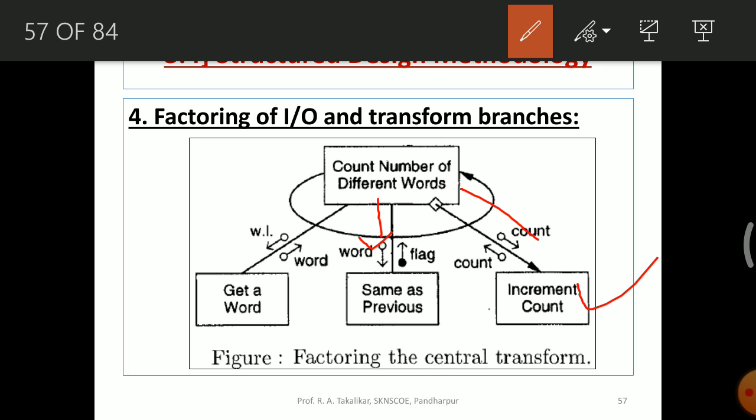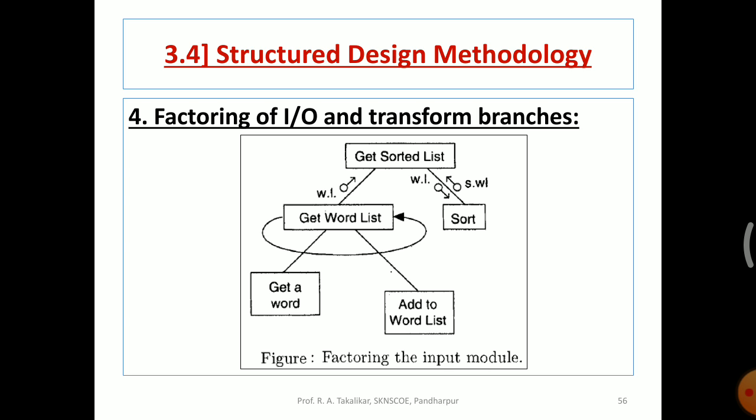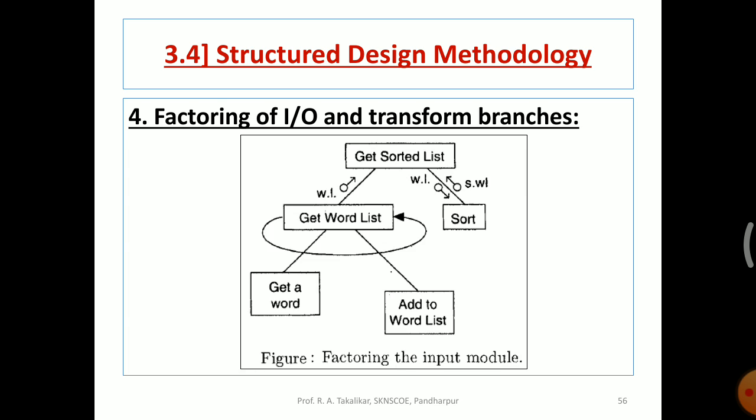It takes the old count as input, increments that count by 1, and returns the new, incremented count back to its superordinate module, that is the count number of different words module. This is how the factoring can be done to the count number of different words module.